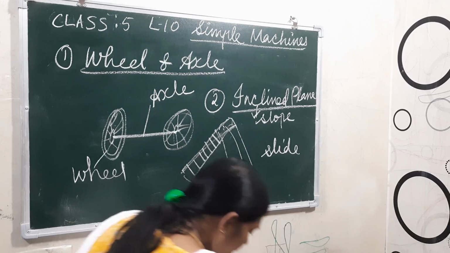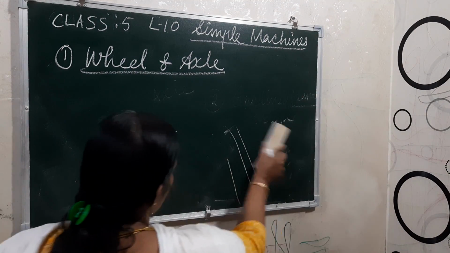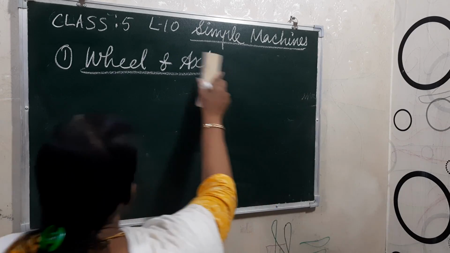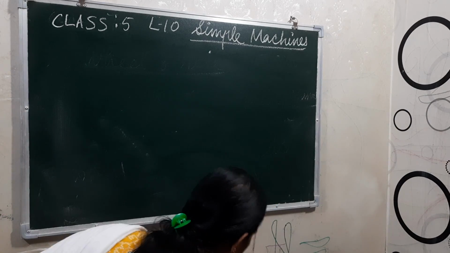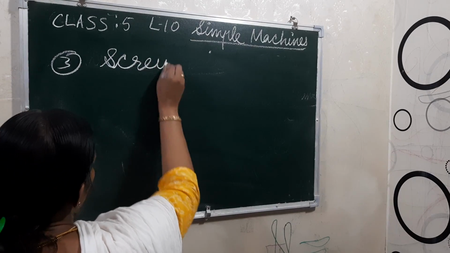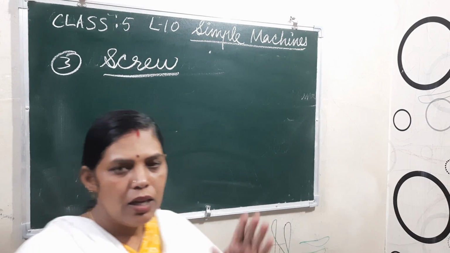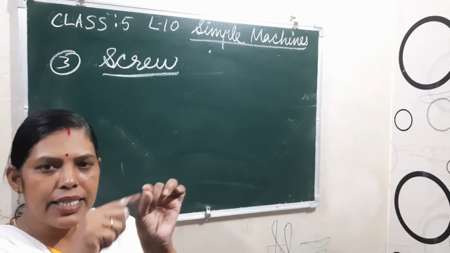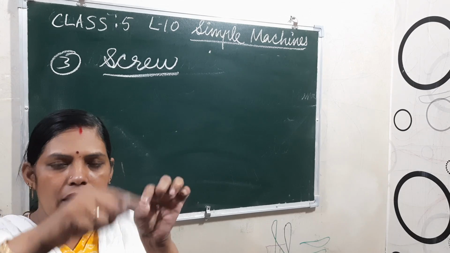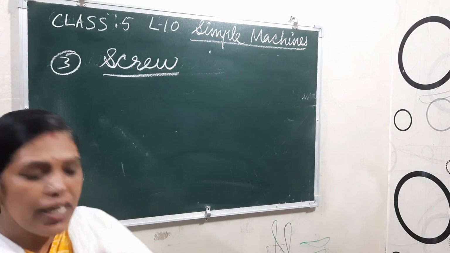Now the next one is the screw. See here, a screw is also an inclined plane. A slope is there, but it is wound around a rod so that it can hold things easily.